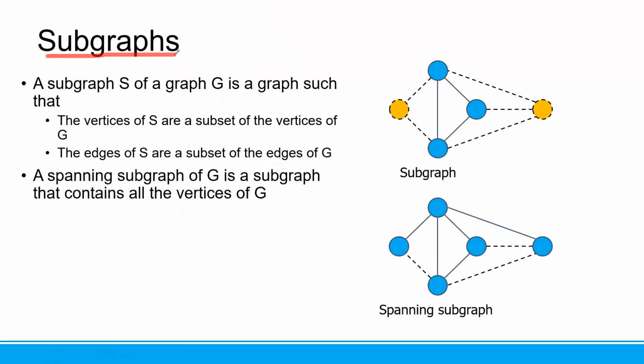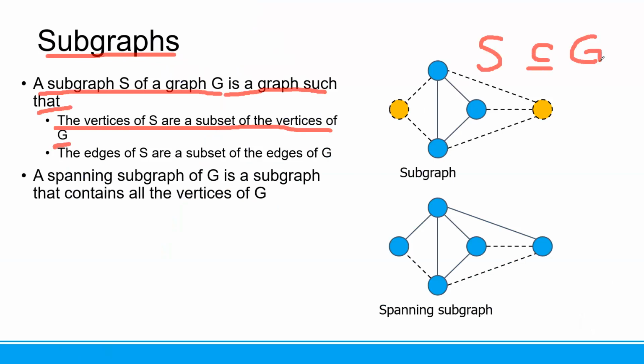Subgraph. What is subgraph? A subgraph of a graph G is a graph S such that the vertices of S are a subset of the vertices of G. Okay, it means in a mathematical way, S is the subset of G. And then the edges of S are a subset of the edges of G. Means the vertex of S will be the subset of the vertex of G. And then we can also define, let's say this is the edge.